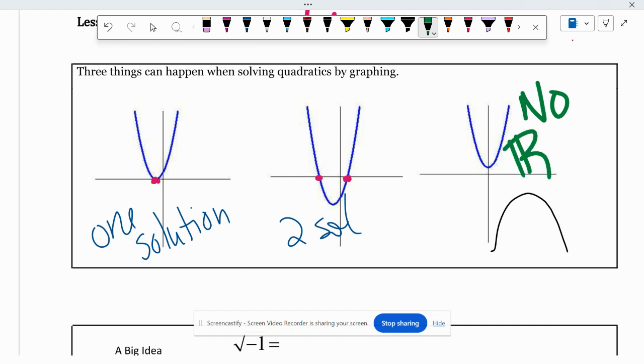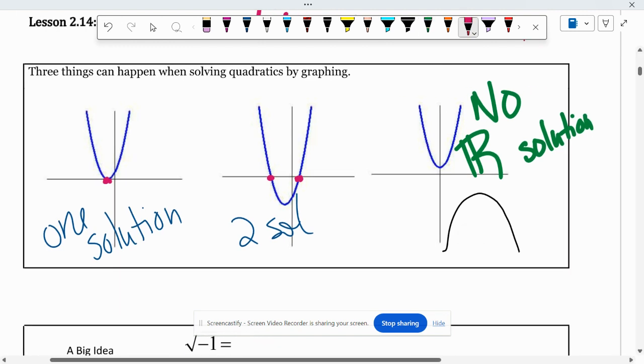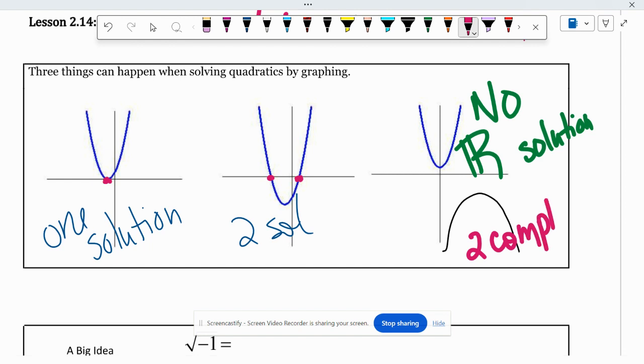This has no real solutions. What it has is two complex solutions. And a complex number is just a number that has i in it. Two complex solutions with i.